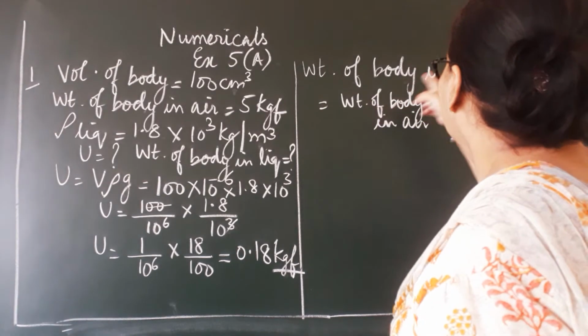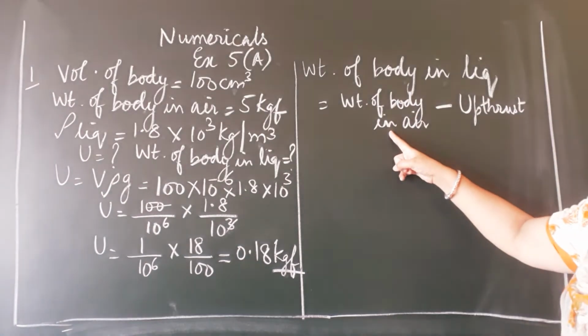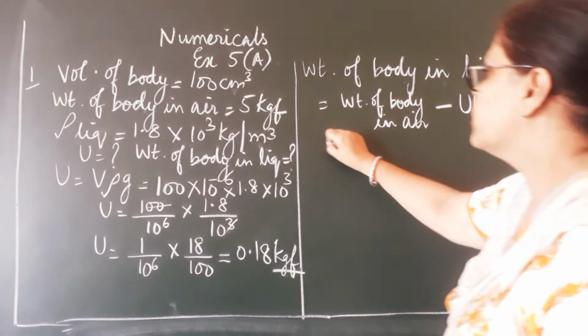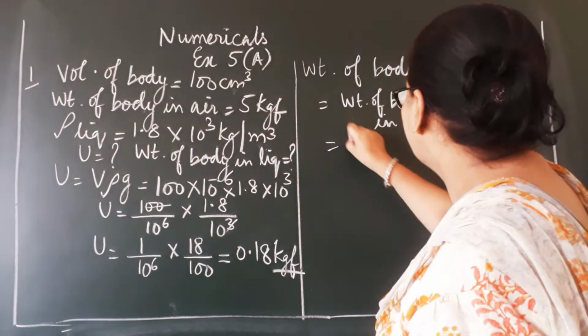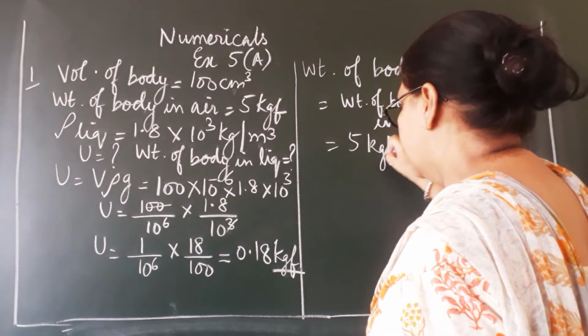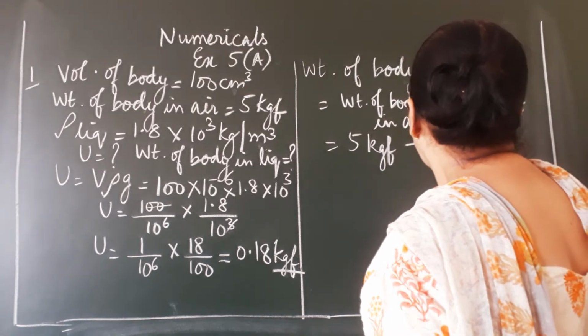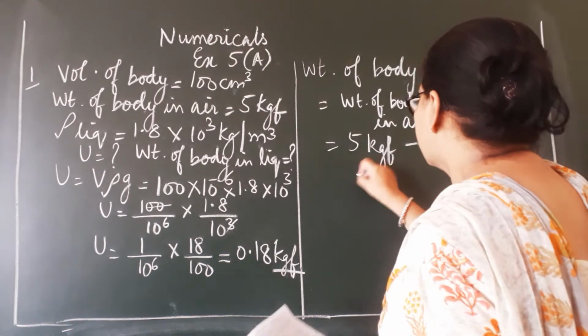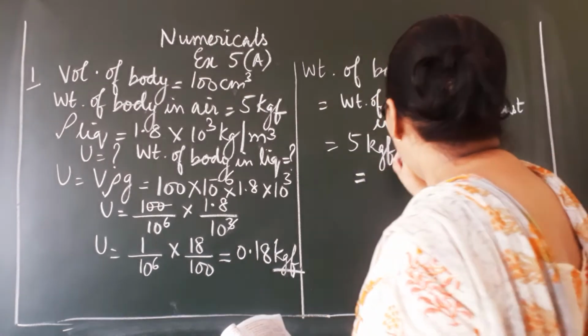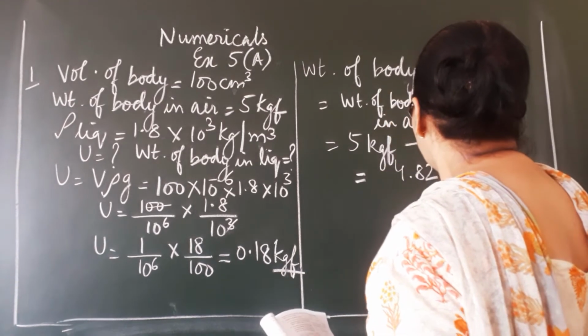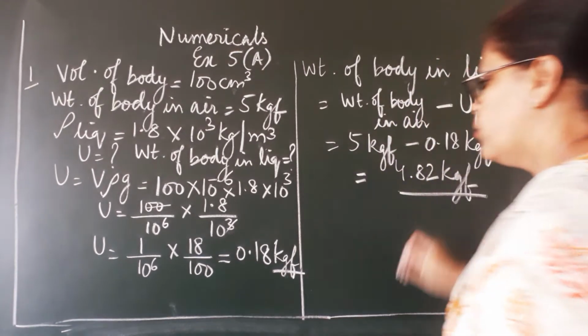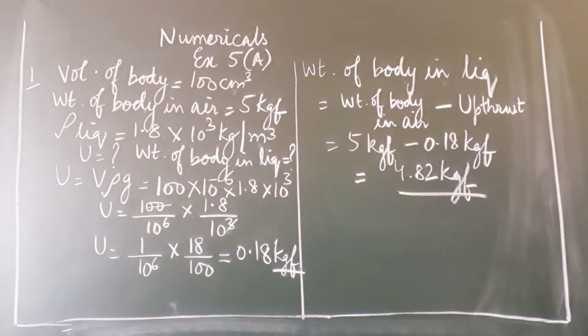So therefore the weight of the body in the liquid will be weight of the body in air minus upthrust. Now what is the weight of the body in air? It is 5 kgf minus 0.18 kgf, and it works out to 4.82 kgf.